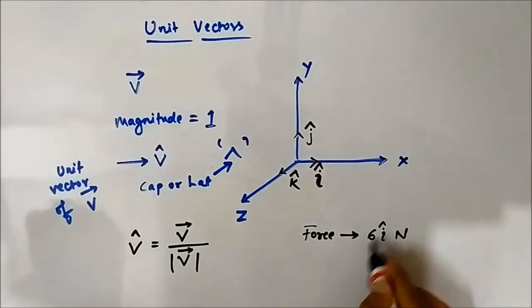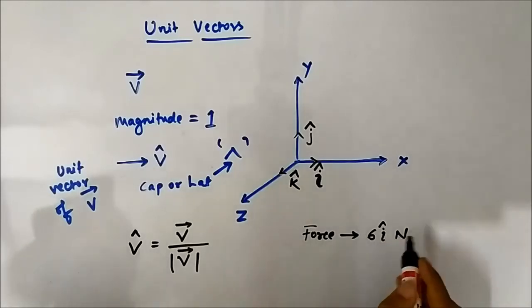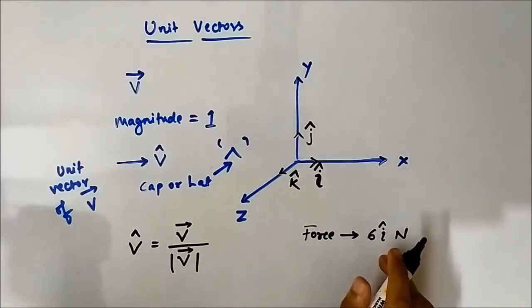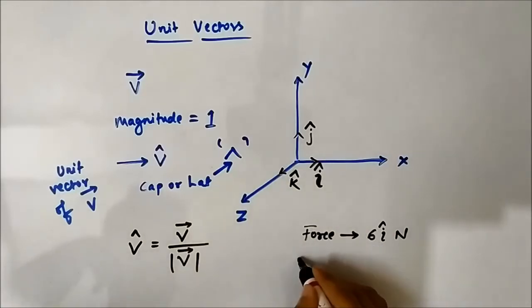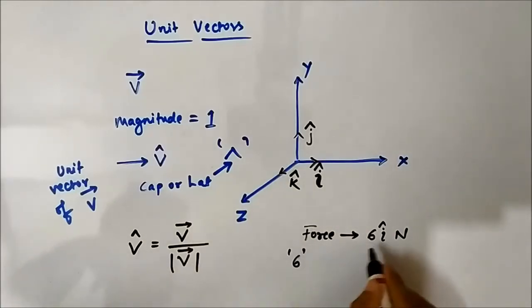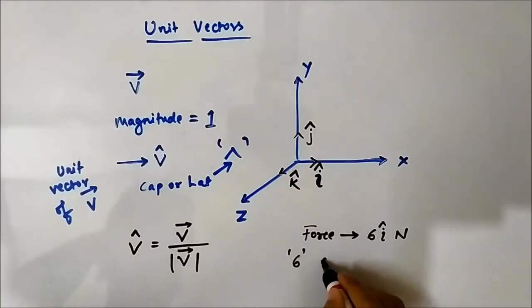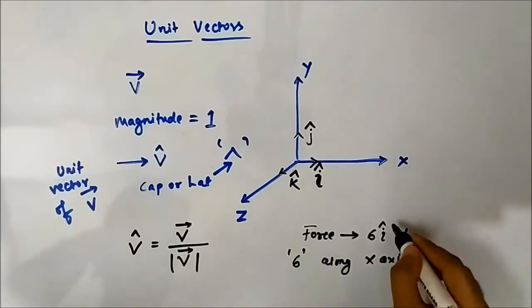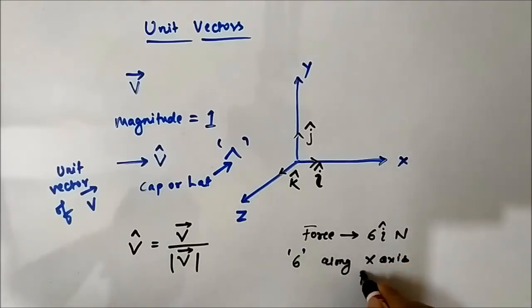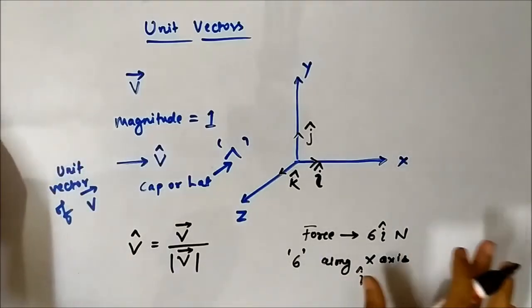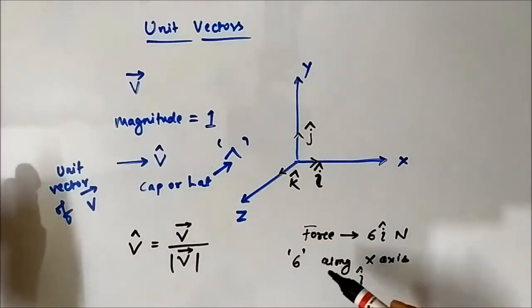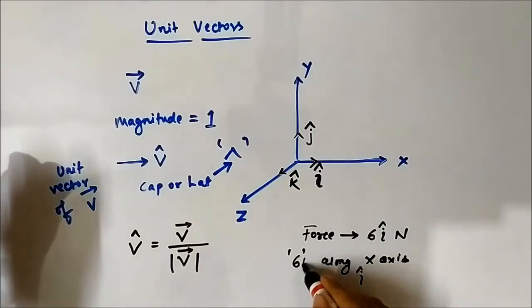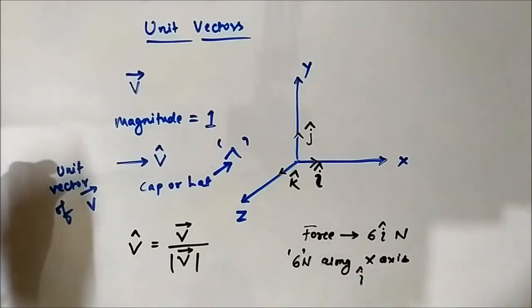First is 6. It means this has a magnitude of 6, and this I cap means the force is acting along the x axis. A 6 Newton force is acting along the x axis.